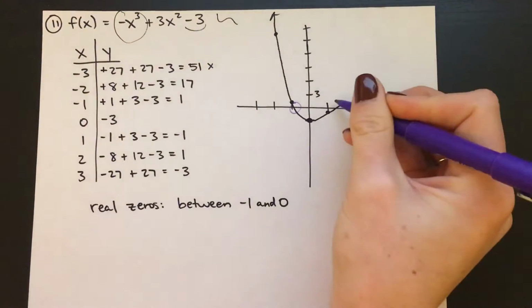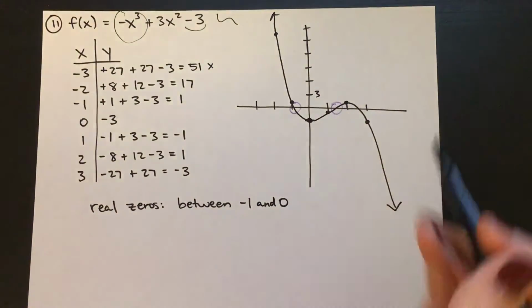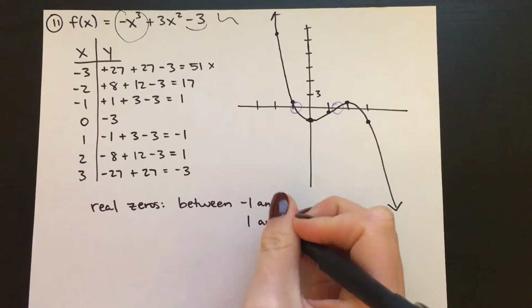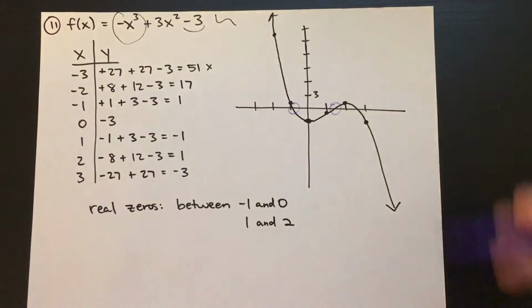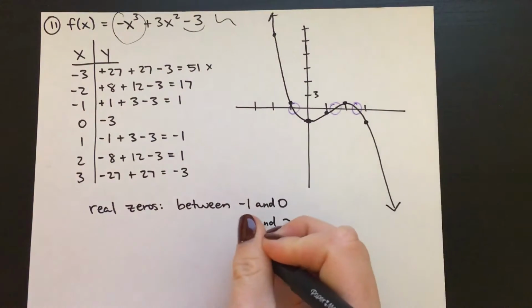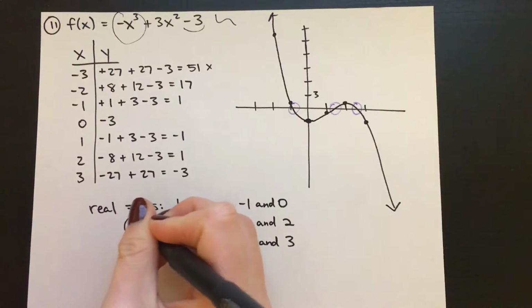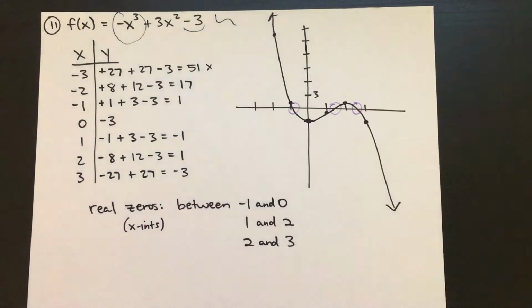And then I have another one right here that is right in between x equals 1 and x equals 2. And then I have a third one right here, and that is in between 2 and 3. Okay, so I have 3 real zeros. Remember, zeros, when you see that, that is just the same as x-intercepts. Those are synonymous.